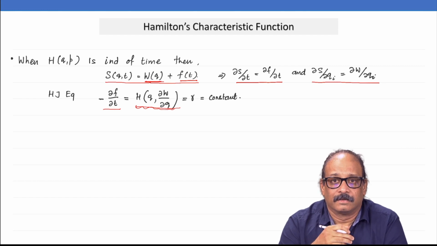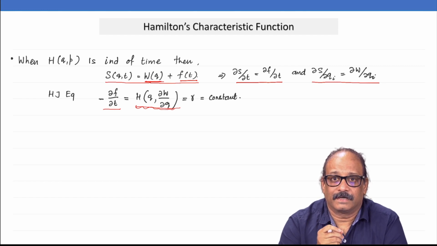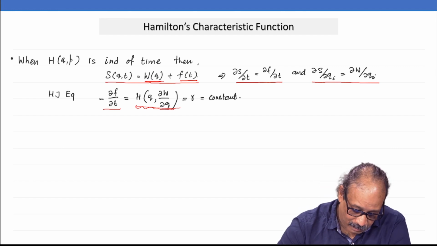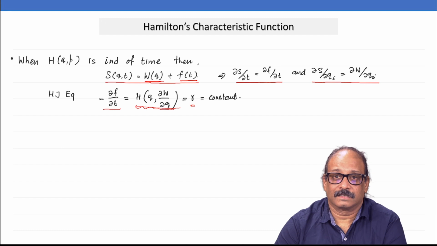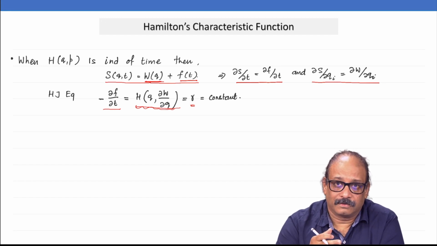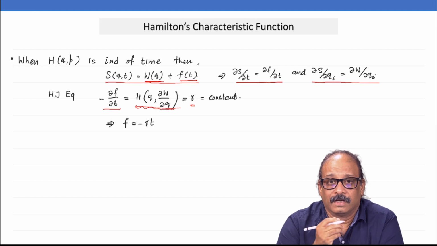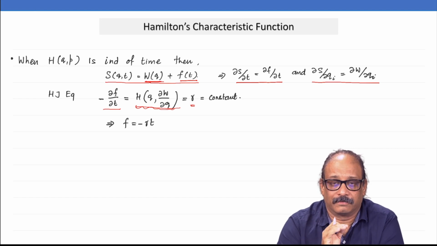So, this must be true for every q and every t. What does that mean? Both sides must be independently equal to a constant, and let me mark that constant as gamma. One of the solutions is straightforward, because the time equation looks very easy. That will give you f equal to minus gamma t.